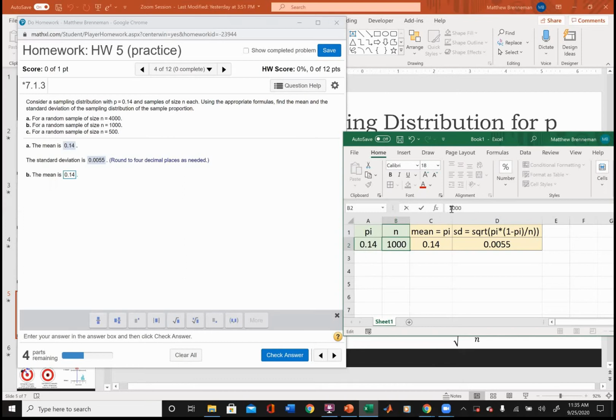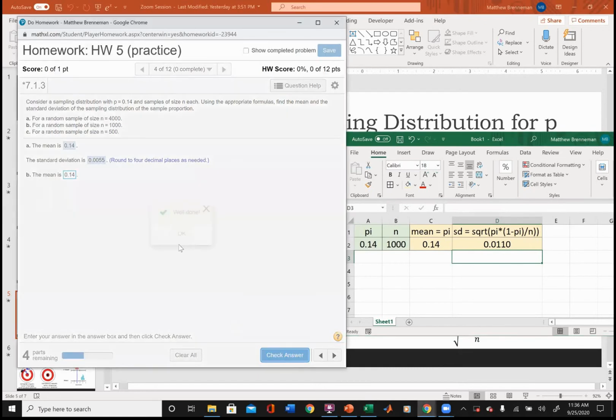Right now it's 0.0055. After I update the sample size, watch what happens. It automatically changes. Why? Because this calculation is linked to whatever's in B2, right? I cold-bloodedly set that up so that whatever's in B2, it's going to use that value. And if I change the value of B2, I'm going to change the value of this. I don't know about you, but I think that's super cool.